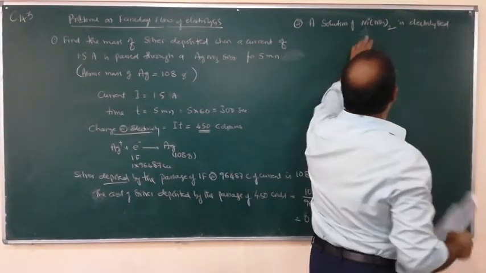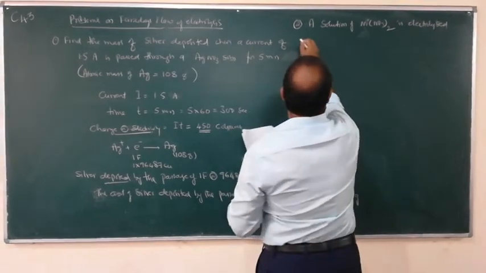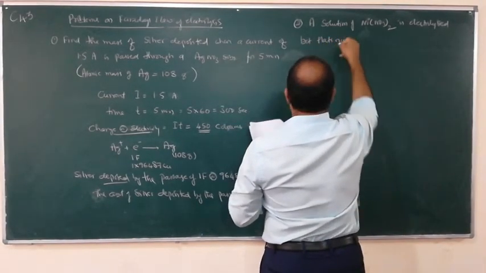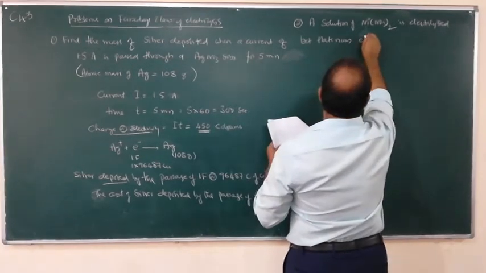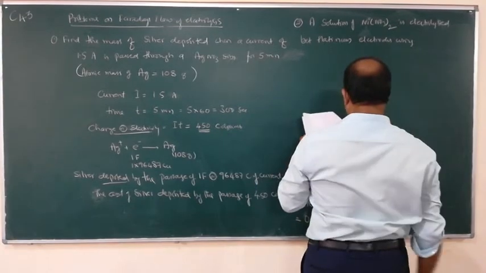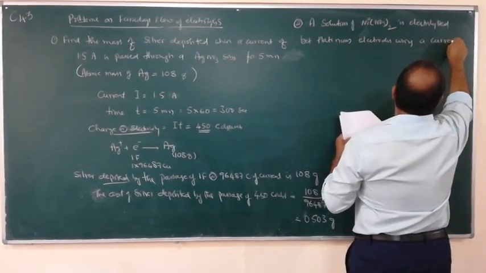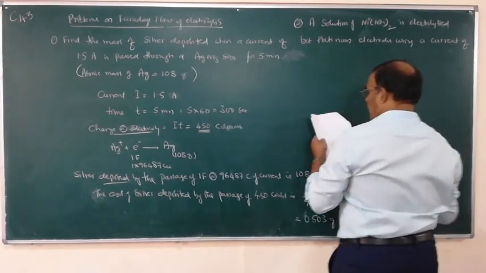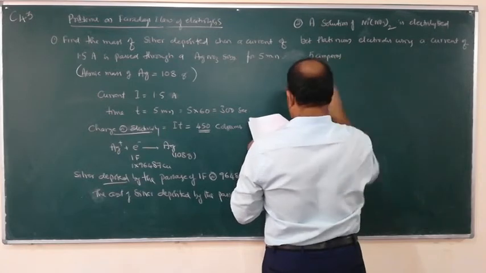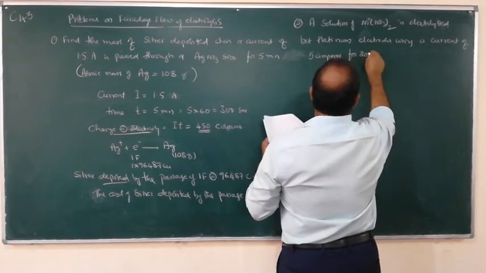Nickel is a bivalent ion, is electrolyzed between platinum electrodes using a current of 5 amperes for 20 minutes.